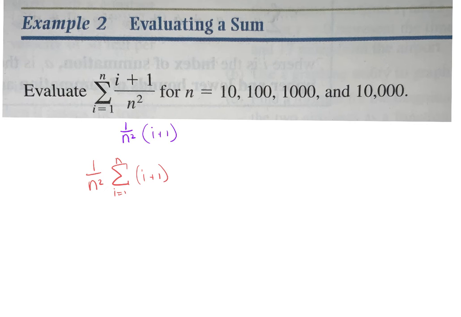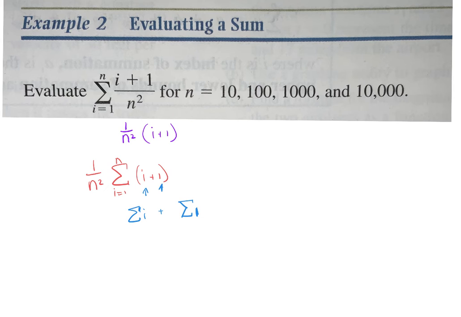When I have summations, I can do them individually. So this right here is the summation of i, and this right here is the summation of a constant, which is 1.